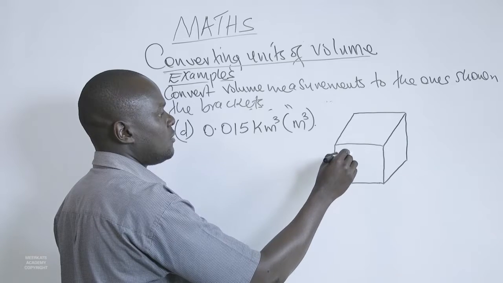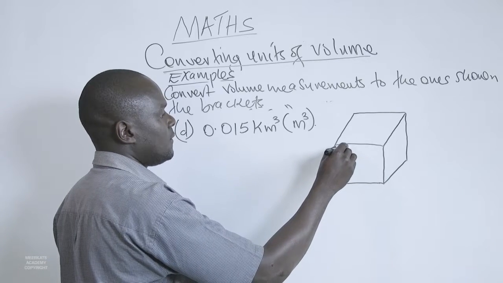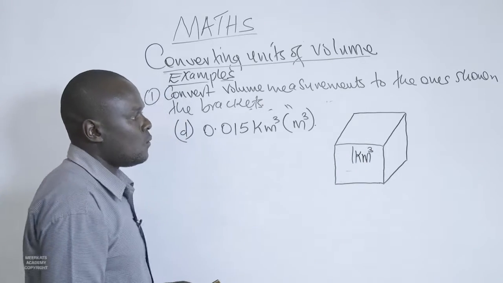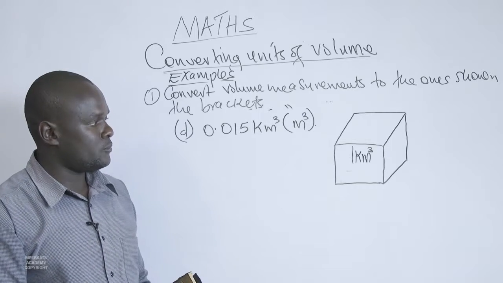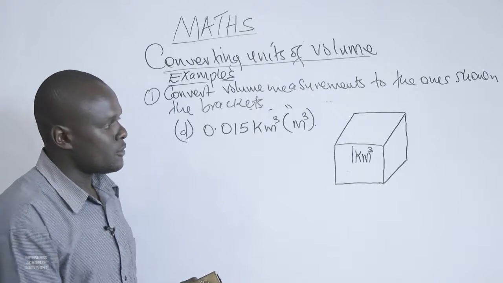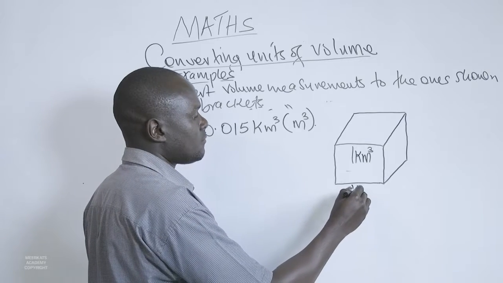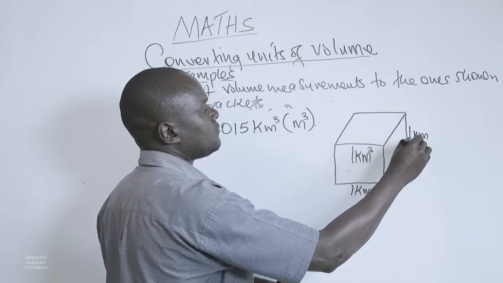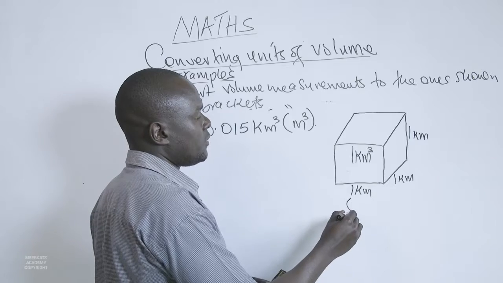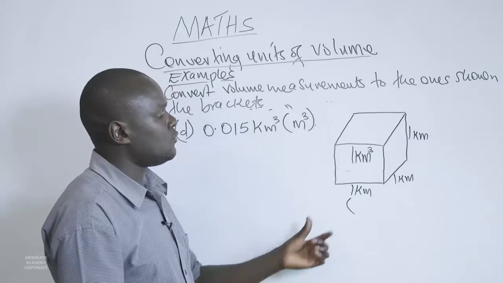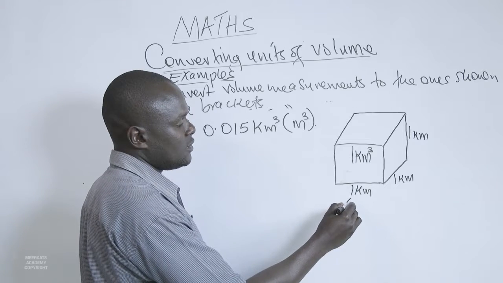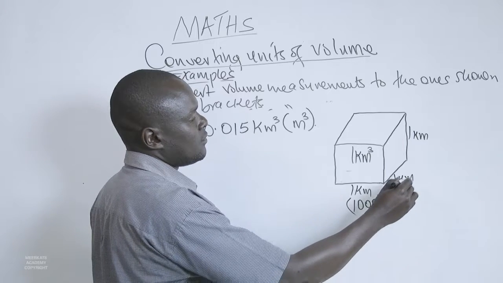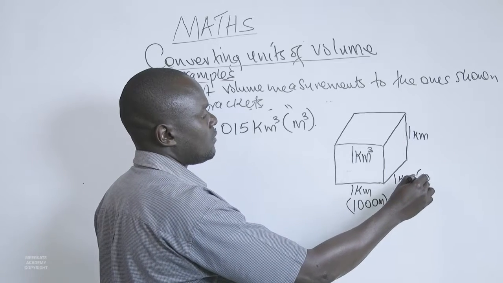So this container, we assume it is 1 cubic kilometer, so that its length is 1 kilometer, the width is 1 kilometer, and even the height is 1 kilometer. Remember, this can be replaced with meters. How many meters do we have in a kilometer? Just the way we did at the beginning, this is equivalent to 1,000 meters.